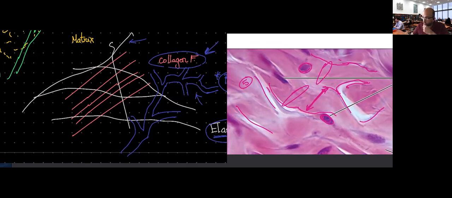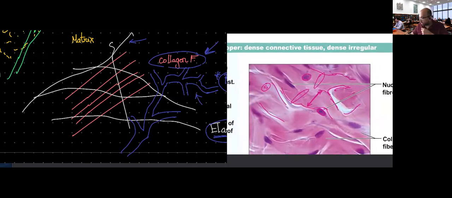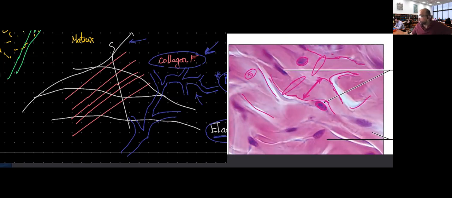So how about this one? Do those fibers have a diameter larger or smaller than the diameter of the cells in the same slide? What do you think? So this is a cell here. This is the diameter of a cell.